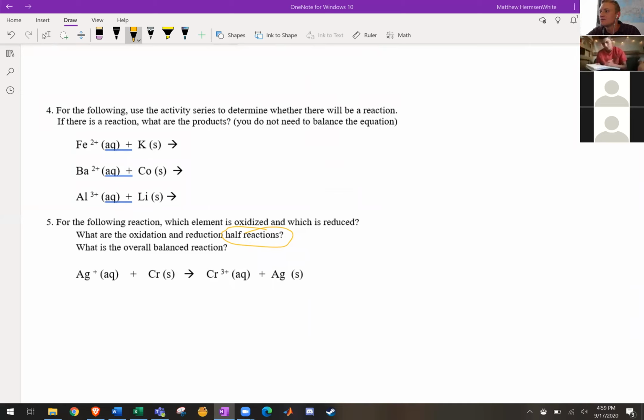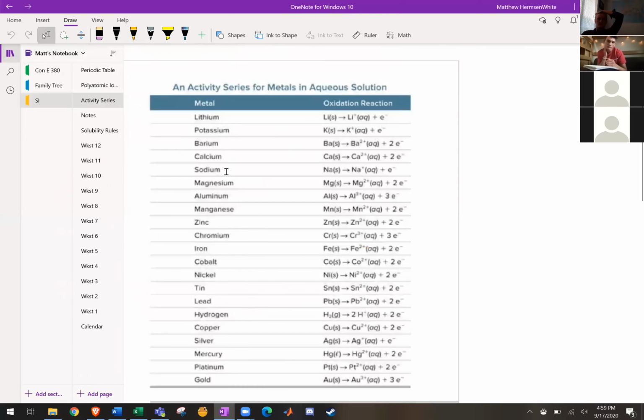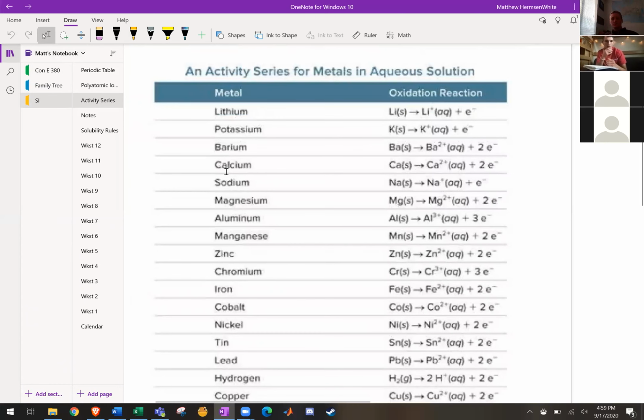Thank you. So there's this thing called the activity series. Now the activity series just predicts what the products would be in a reaction. Now this is available on your notes, I think at the very bottom of your notes, or on the SI website.